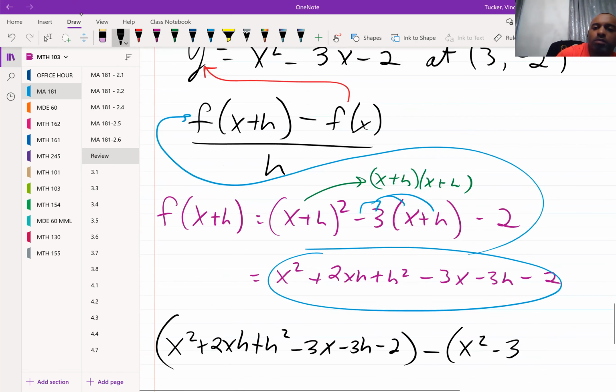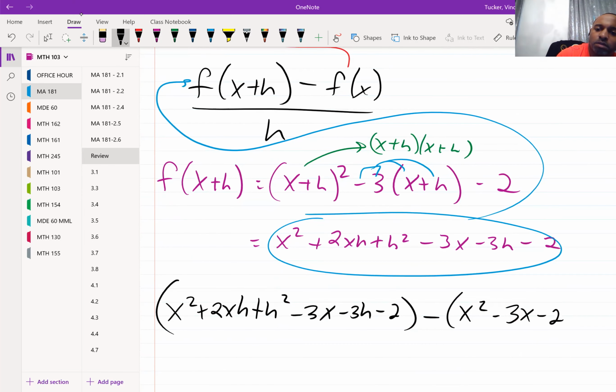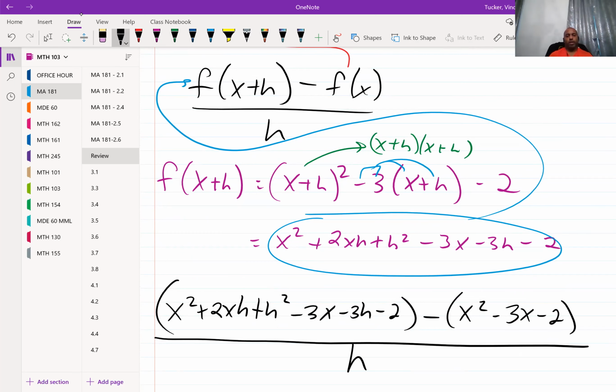We have f of x plus h, and then minus f of x, and that's all over h.